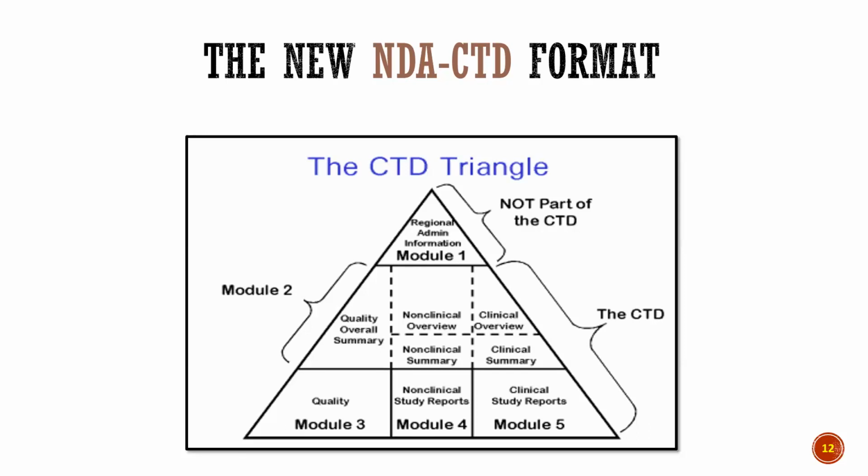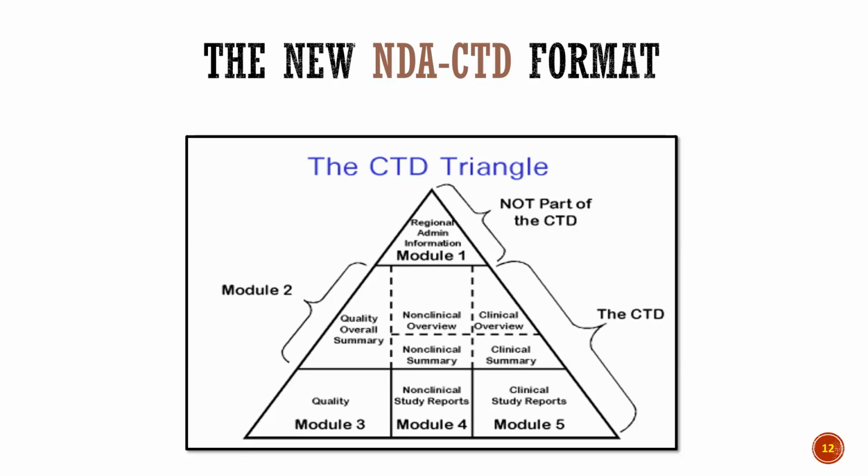Module 3, which is the quality module, is the main body of the CTD. Here in module 3, details are given about the drug substance, which comes under 3.2.S, and the drug product, which comes under 3.2.P. We also have the regional information, which is 3.2.R, and the methods for validation and packaging.